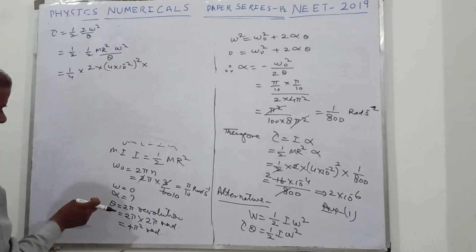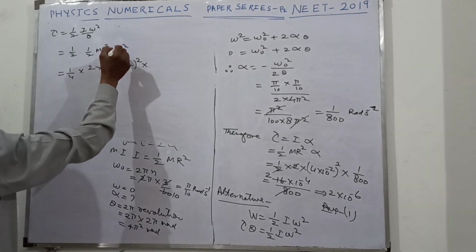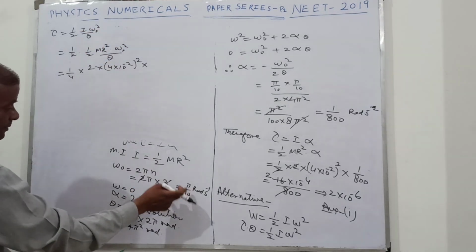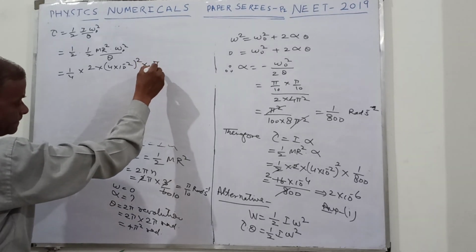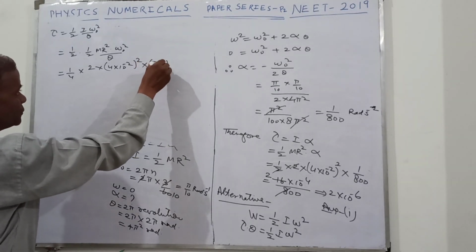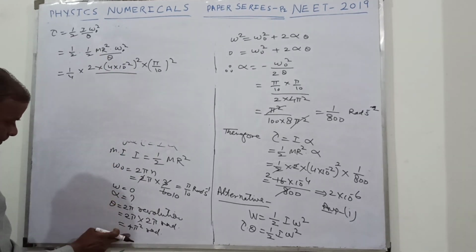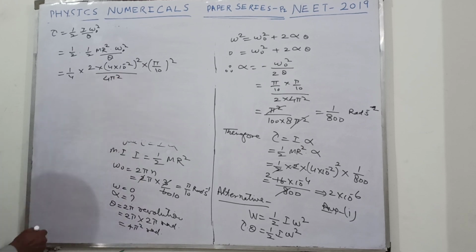Omega is omega naught. Omega naught is given to pi upon 10. So this is your pi square. Pi upon 10 whole square upon theta. Theta is given to you this one, 4 pi square.